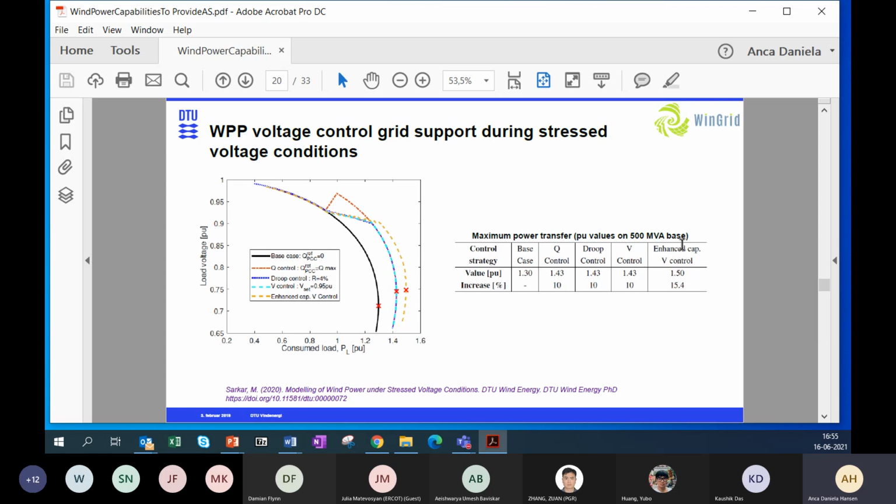We looked at different control strategies, reactive power droop and voltage control, evaluated during stressed voltage conditions, and the efficiency of these controls has been quantified through maximum power transfer capacity. You can see that the maximum power transfer was improved by 1.5 compared with the other control strategies.